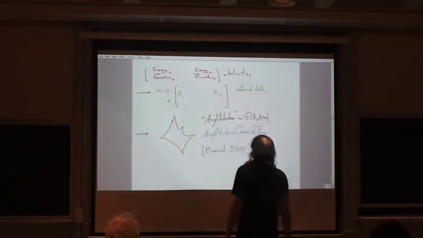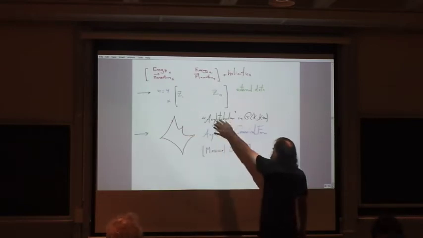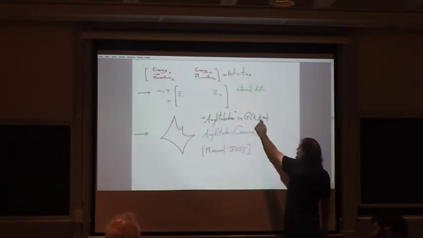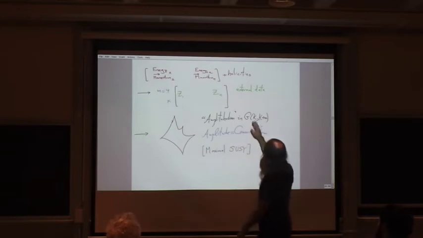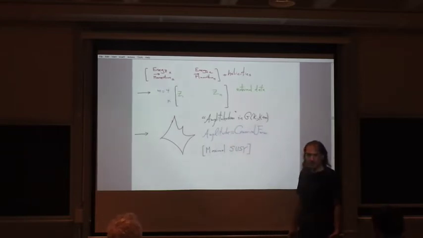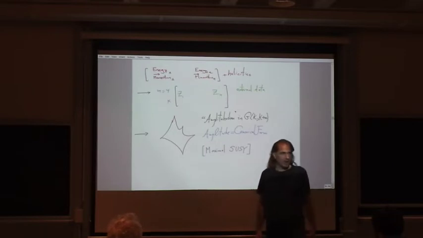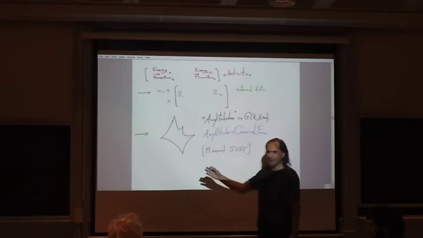That specifies all the external data, and associated with that is an object that lives in the space of k planes in k plus m dimensions. So this data fixes some shape that lives in G(k, k+m). That shape is called the amplituhedron. It's a generalization of polytopes into the Grassmannian. And now, the canonical form, in the sense that I told you about, for the amplituhedron is the amplitude.